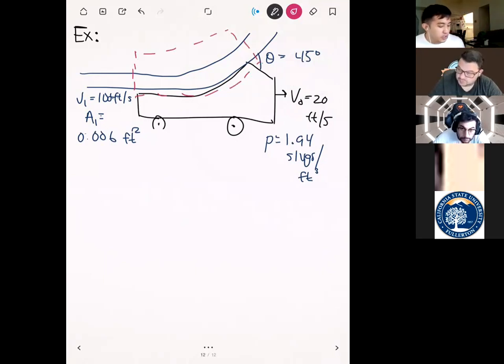And so just like before, we're going to draw our control volume. And then from this problem, what we want to do is solve for the magnitude and the direction of the force exerted, the reaction force, basically.